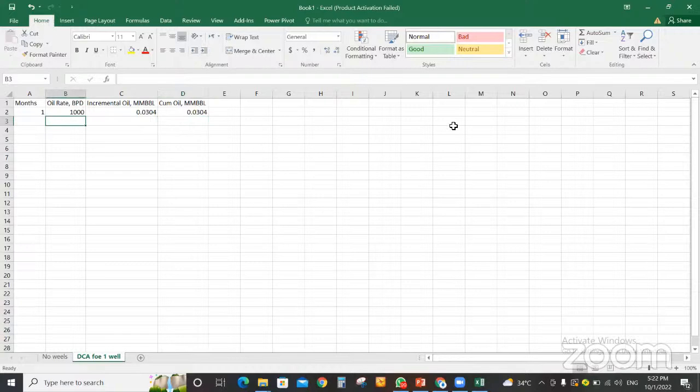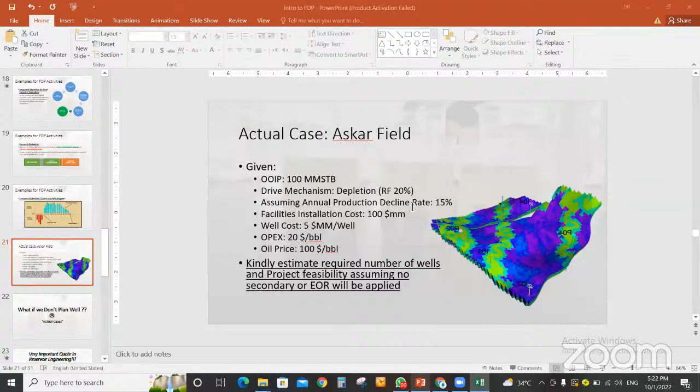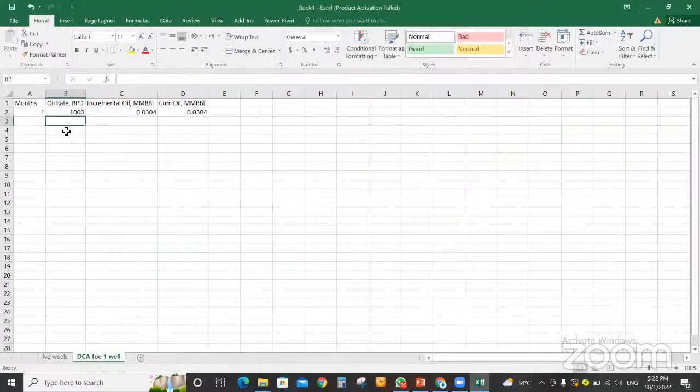Then we want to include the decline. The decline here is about 15%. So the production rate in the second month will be the production rate at the first month multiplied by 1 minus 15 over 12, the monthly decline.